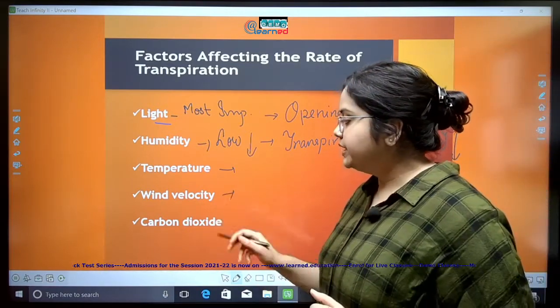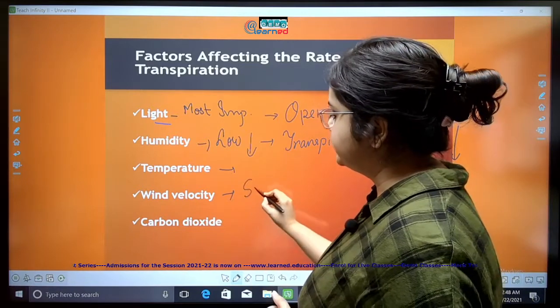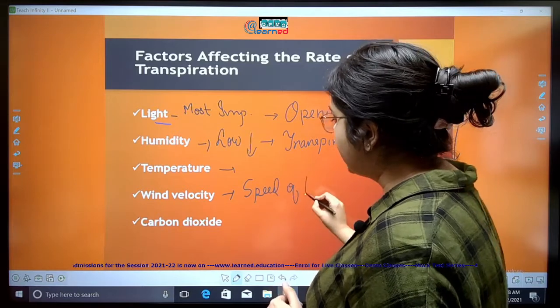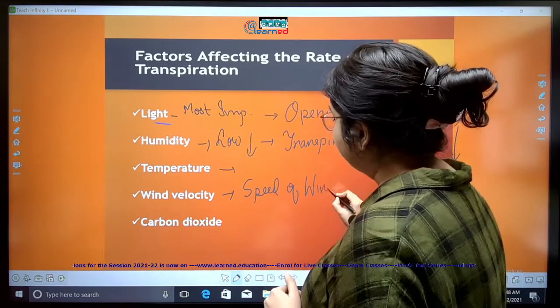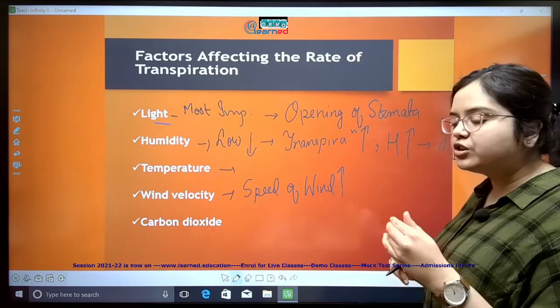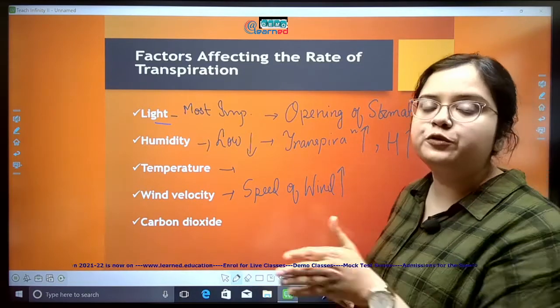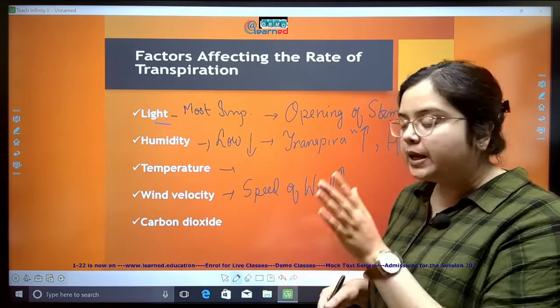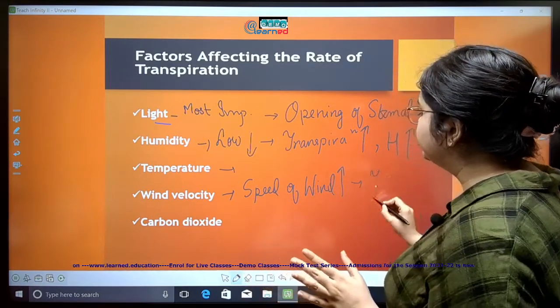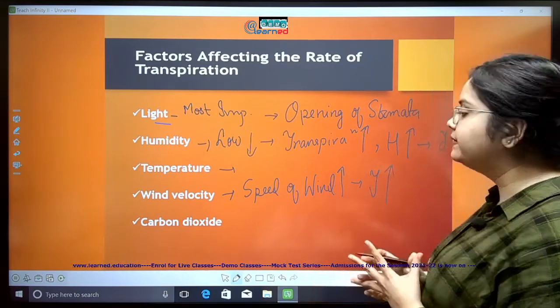Then comes wind velocity, meaning speed of the wind. If the speed of wind is high, what will happen? The vapors coming out of the stomata will be readily removed from the surface of the leaves because the wind velocity is high. So, transpiration will increase in that case.